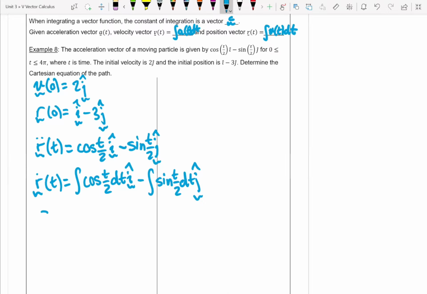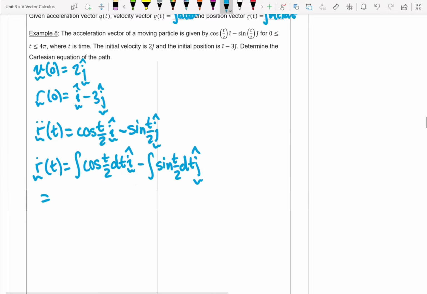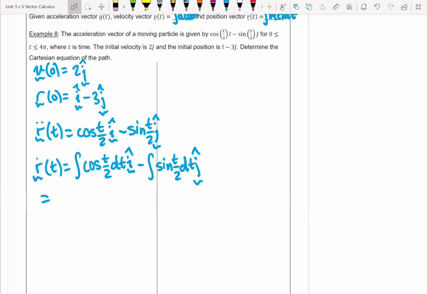Because we're anti-deriving, the t on 2 would have halved it, so we need to multiply by 2, so it's going to be 2 times sine t on 2 i.